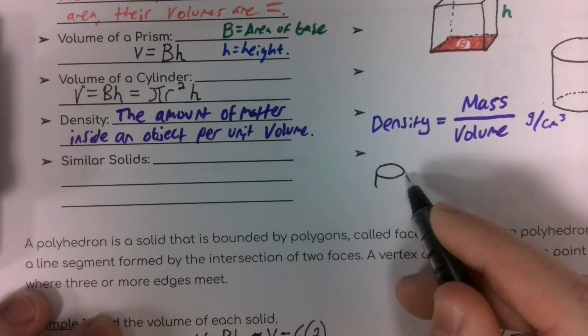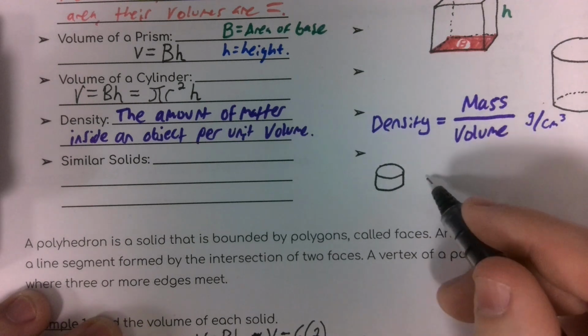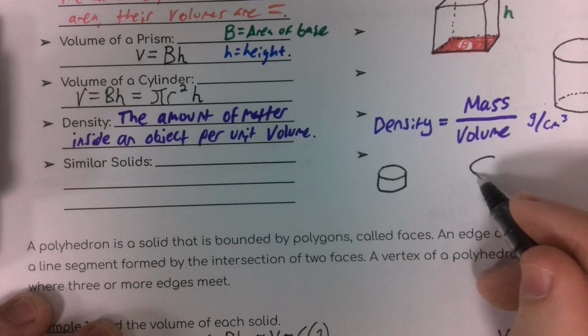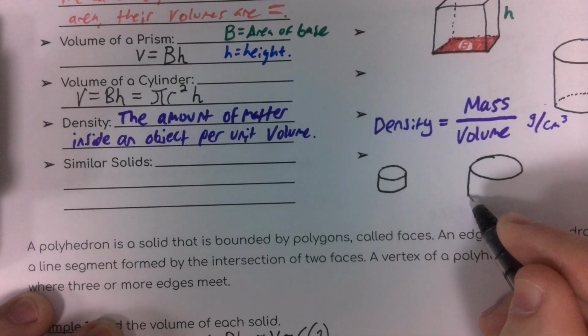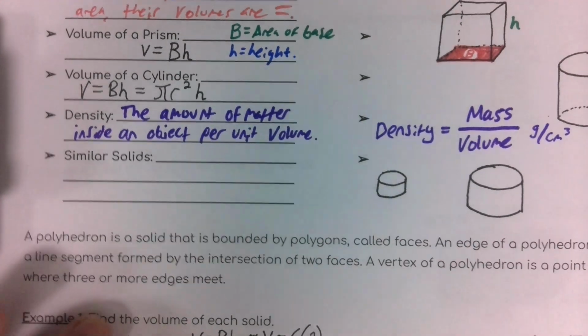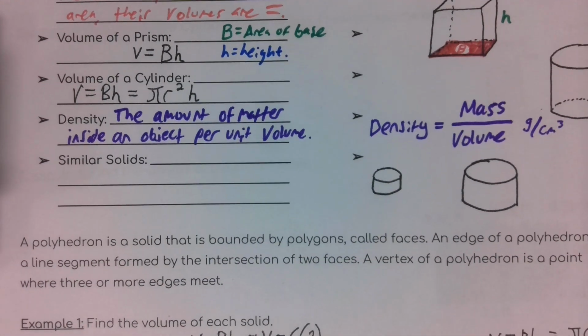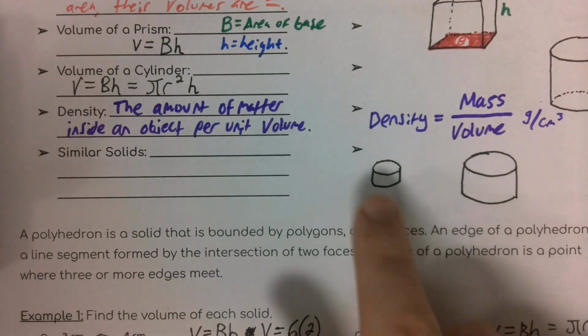Let's say I've got a cylinder here that's relatively short, and I've got a cylinder that looks very akin to it, looks just like it, but it's going to be a little bit bigger, like this. We might say this version just looks like a scaled up version of this.